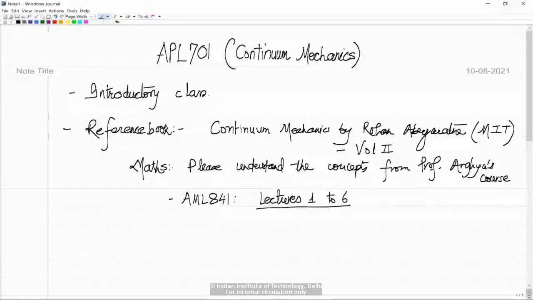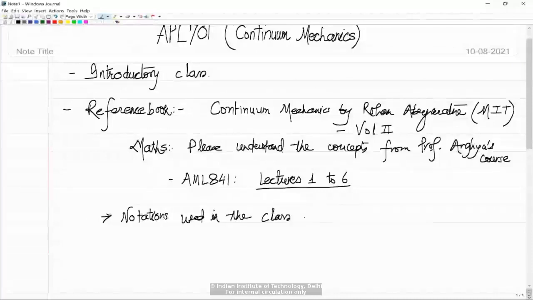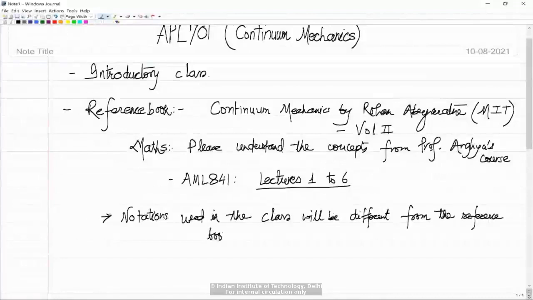Okay, is that good for everyone? So that's about the reference, and like I told you, the notations used in the class will be different from the reference book. But the same concepts will be taught.